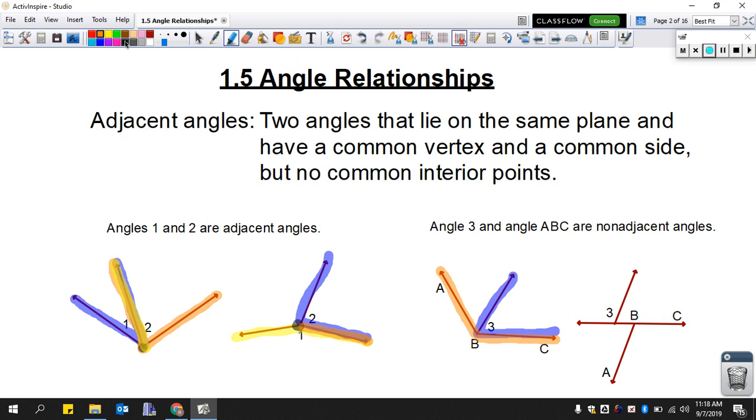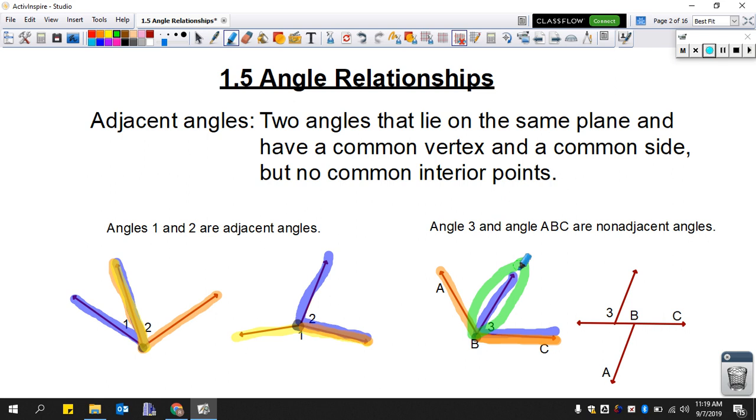The reason that they're non-adjacent is although they have a common vertex right here at B, and they have a common side right here, BC, they do have common interior points, because this line segment right here is on the interior of ABC, but it's also part of angle 3.